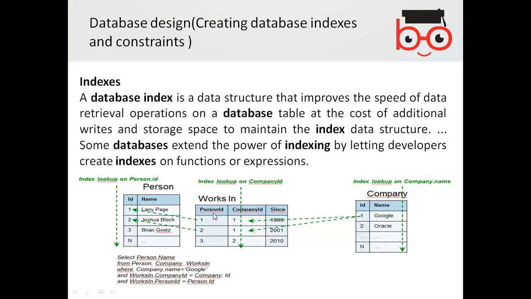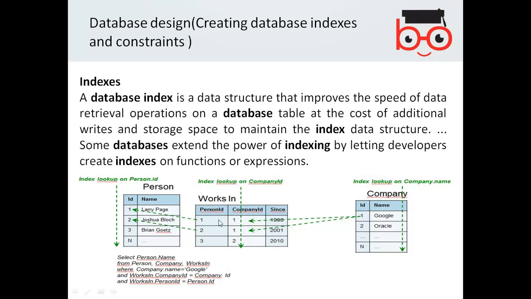Their information about where they work is: number 1 is working in a company ID since this age, number 2 is working in this company, number 3 is working in that particular company. So you really don't need to store the company name, but the company ID.